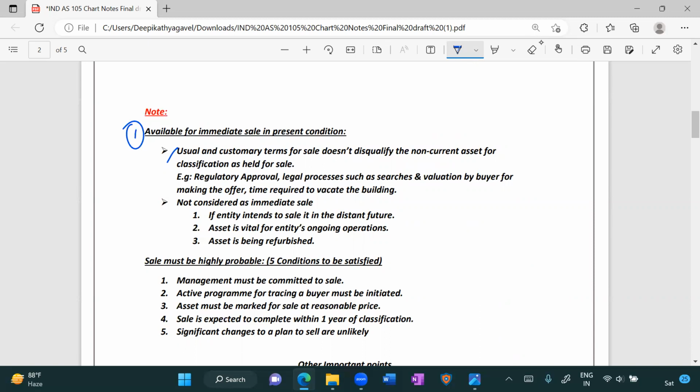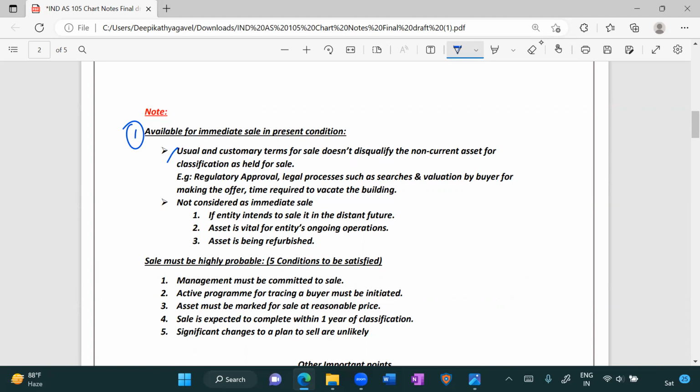Let me give you a small example to get a better understanding. In case you need a regulatory approval, right? You have a disposal asset, and to sell that you need a regulatory approval. Now, getting this regulatory approval is customary. Obviously, you have to get the approval from the government officials in order for the sale to happen. This is very usual in such a transaction.